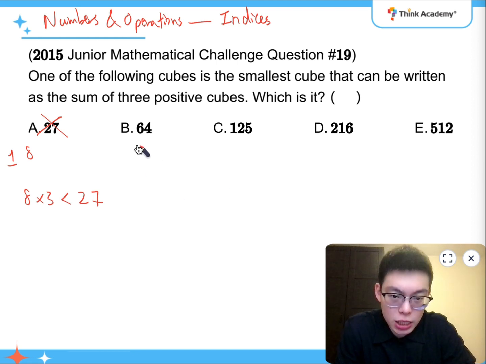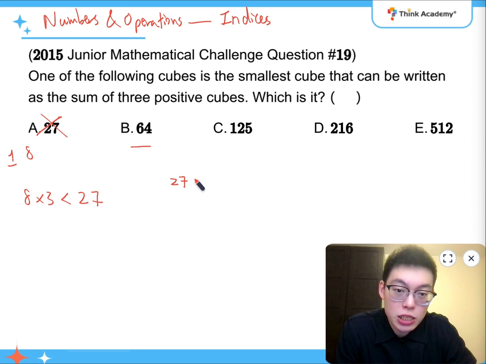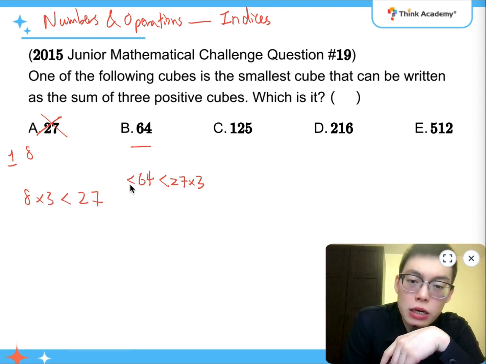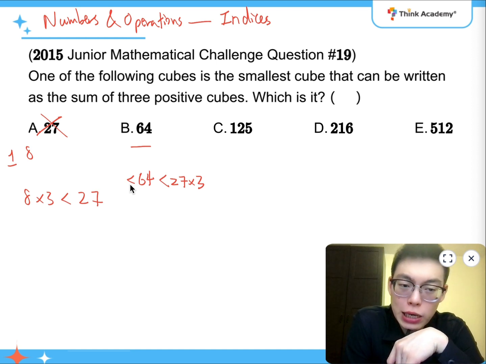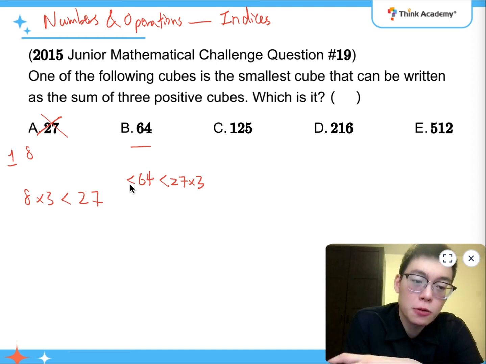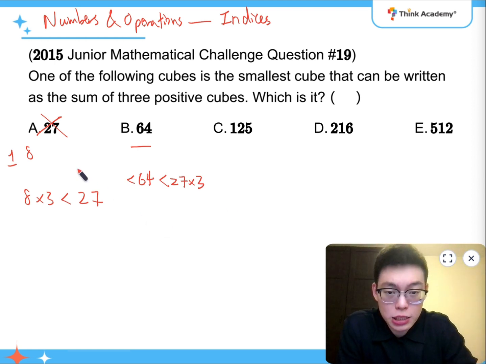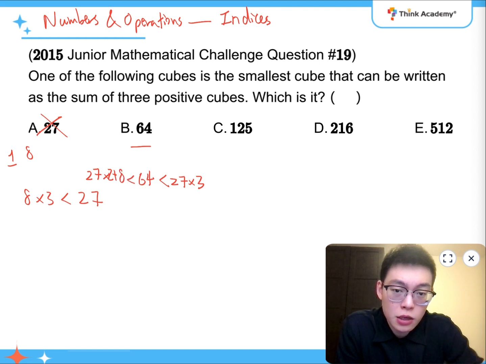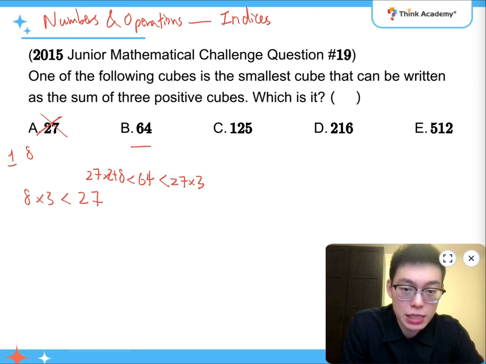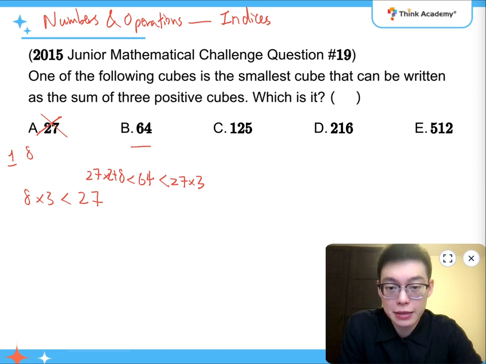As for 64, this time 3 of 27s is greater than 64. But if you replace one of them with 8, then what you get is 54 adding 8, which is 62, and that is smaller than 64. Which means that none of these sums adds up to 64 exactly. So 64 is not the answer either.